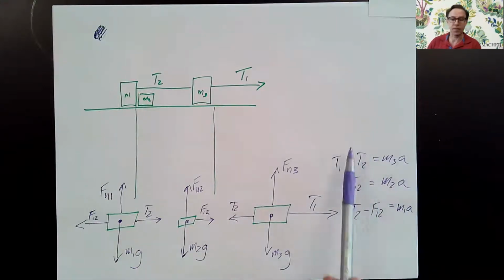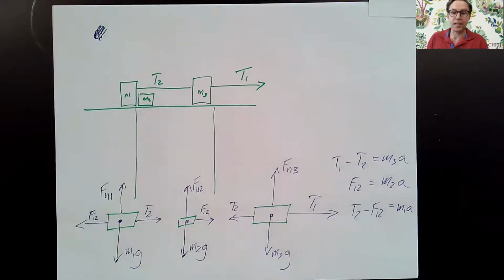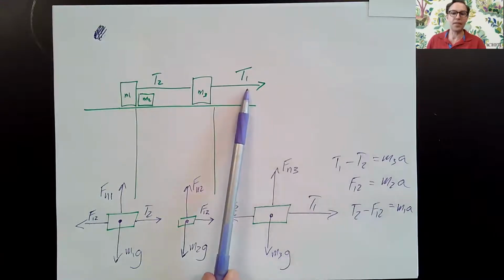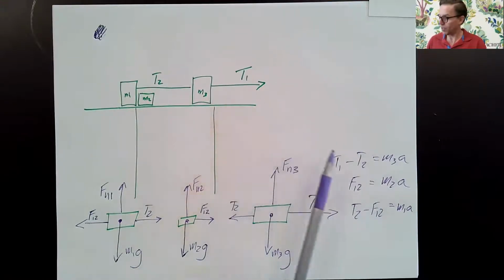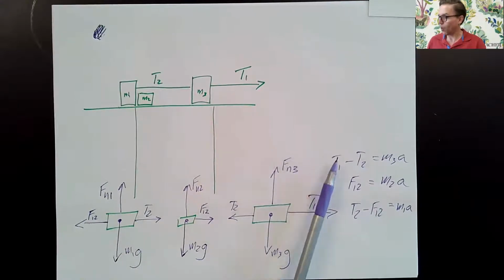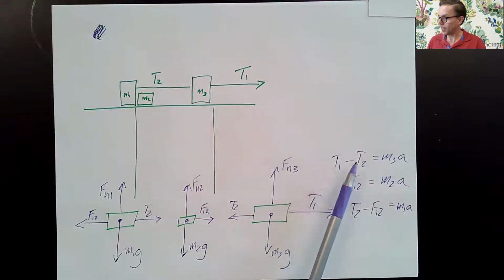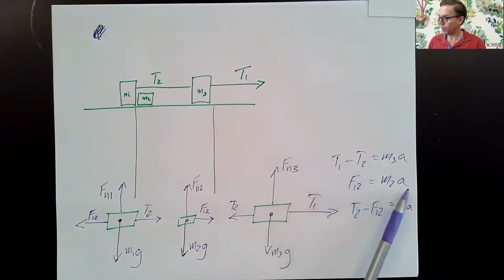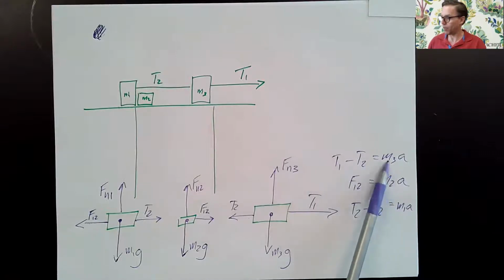3 equations. And so some of these things would be given and others would not be given, and you could figure out the answer. I think usually they would give you T1. They'd say how hard you pull. So T1 would not be a variable. And then what I'd be solving for would be probably T2 and F12 and A. They'd also give you the 3 masses.